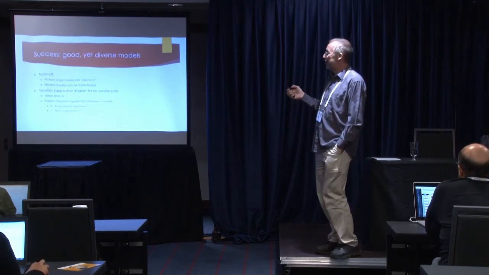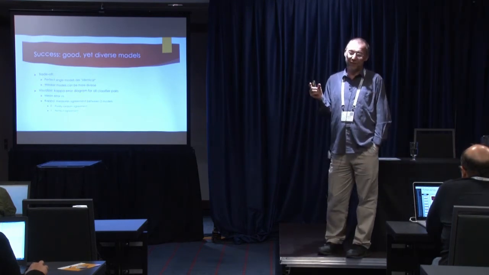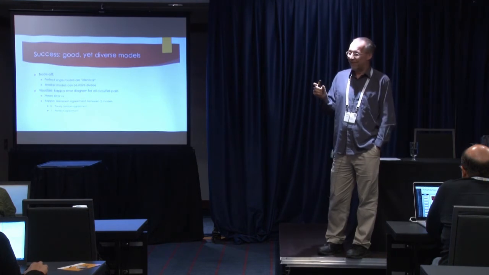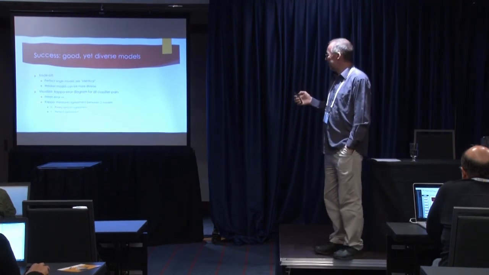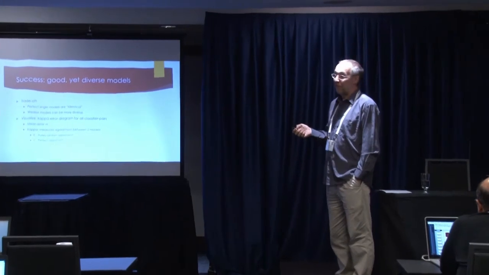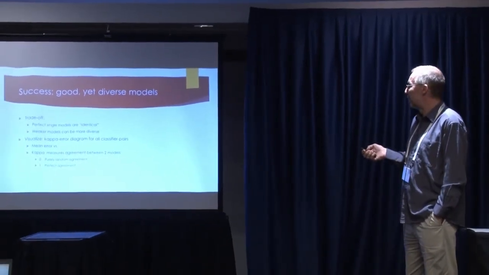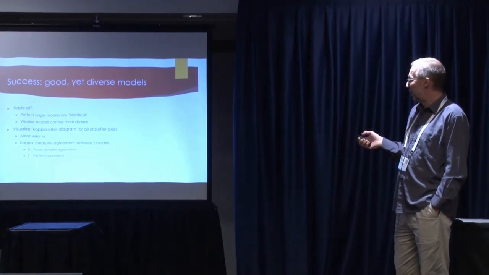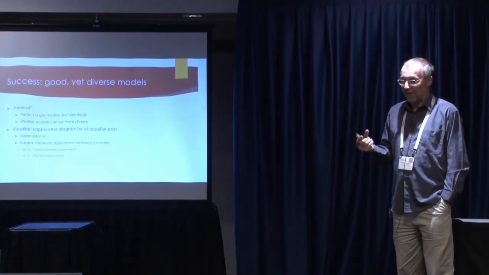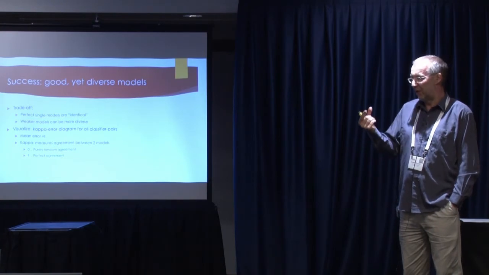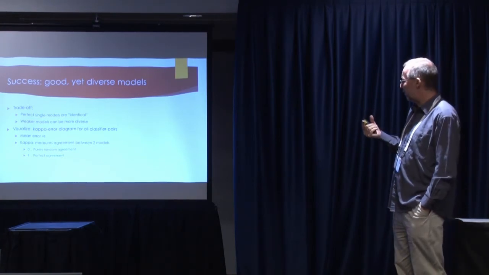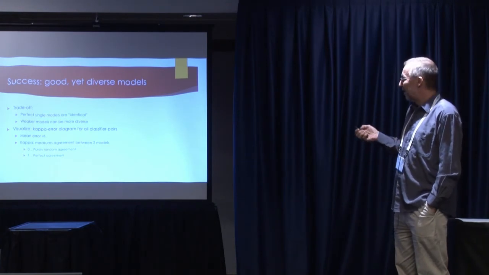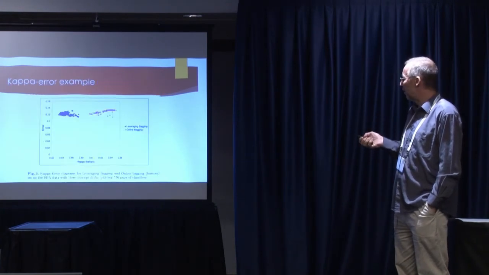Okay, so I already mentioned that with ensembles in general, you want to have this trade-off. You want to have good models, but also models that are not much correlated with each other. Now, how do we judge that? Well, there are some ways of doing that. One way to visualize it is to look at these so-called kappa error diagrams, where for every pair of your ensemble members, you compute how much they agree or not with the kappa statistic, and also compute their mean error.